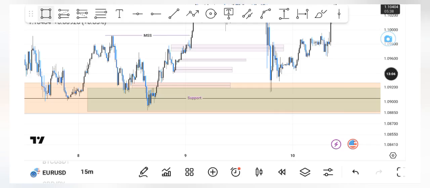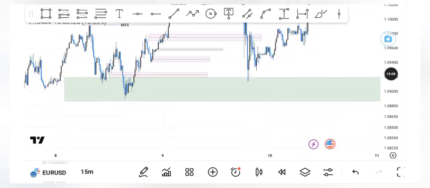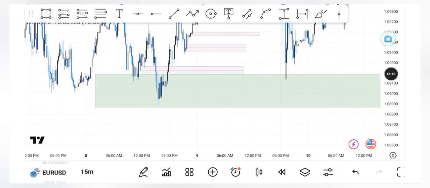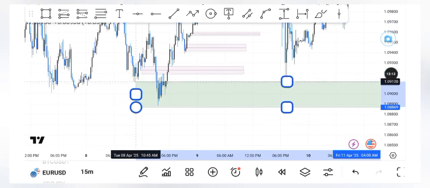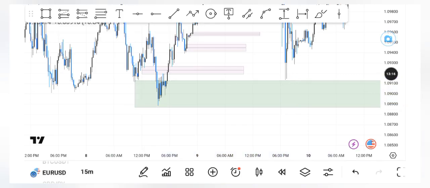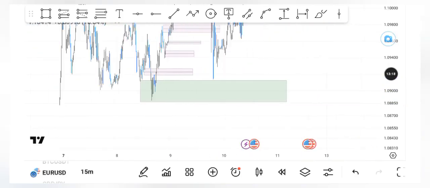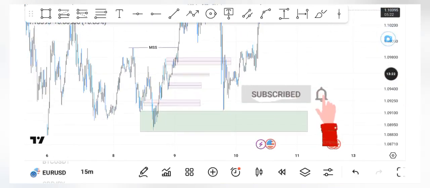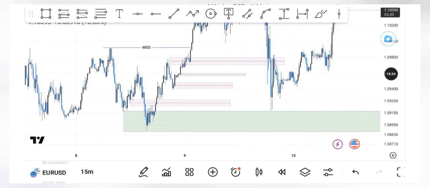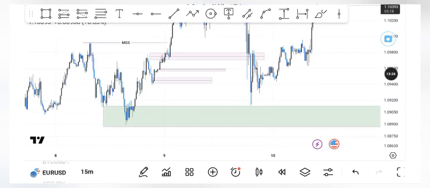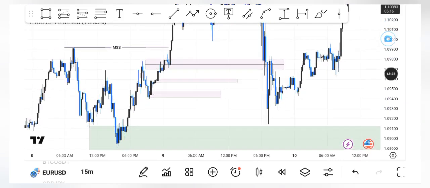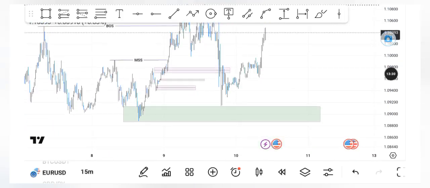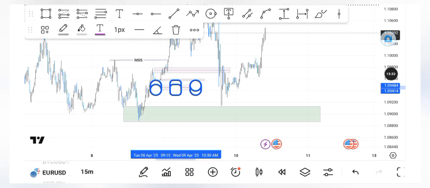I can also remove this support now to make our chart clearer, refining our zone. As we can find my order block zone, you can see an imbalance still present, and I can also refine exactly the order blocks that were available.